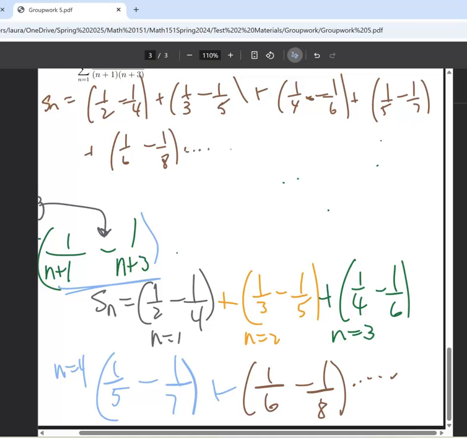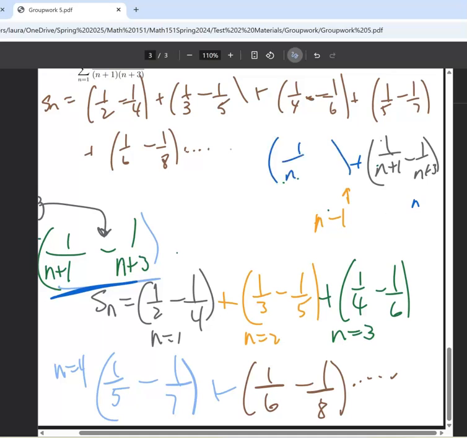Okay, for sure we need the nth term. So the nth term is going to be 1 over n plus 1 minus 1 over n plus 3. Now let's also write out what the n minus first term is. This is the nth term. We should write in a different color. The n minus first term means you plug in n minus 1 into there.